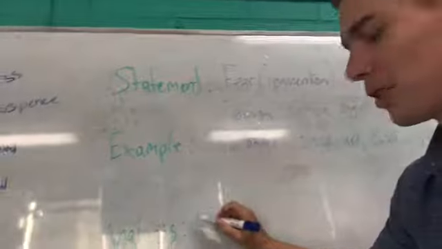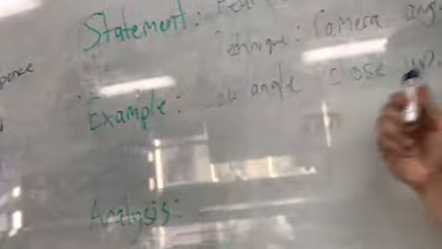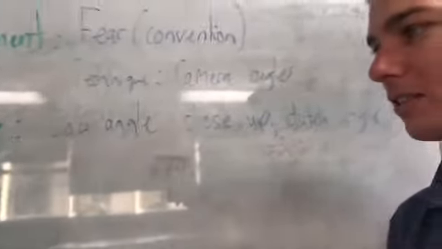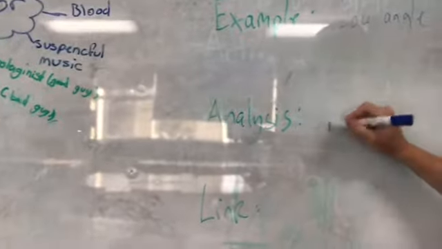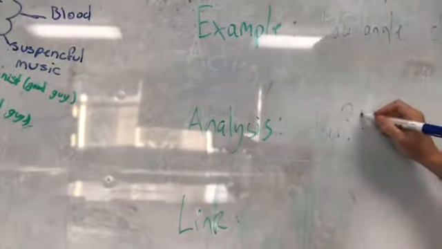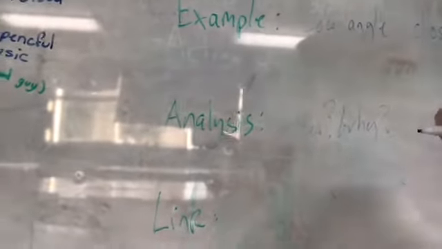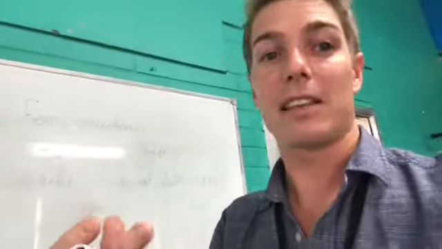Okay, so that's what you're going to write in for your analysis. Explain what these techniques are doing, right? And then, so the analysis is the how and the why, right?